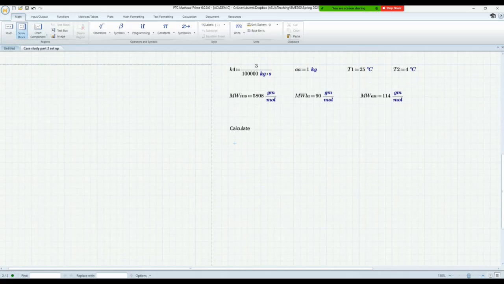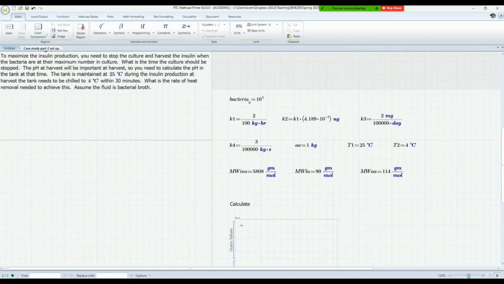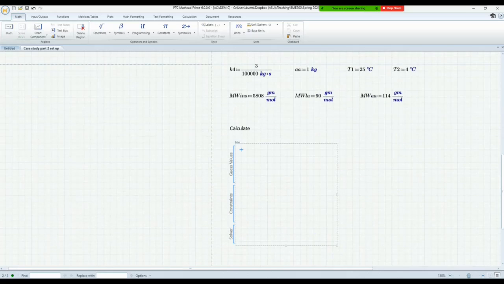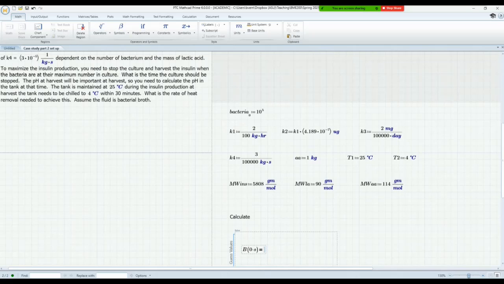So we've got to put a solve block in. What are the things that are happening in this mass system? What are the mass things that we need to keep track of? One is going to be the bacteria. I'll use a big B, and the initial condition for the bacteria is equal to, what did I call it here? This here.